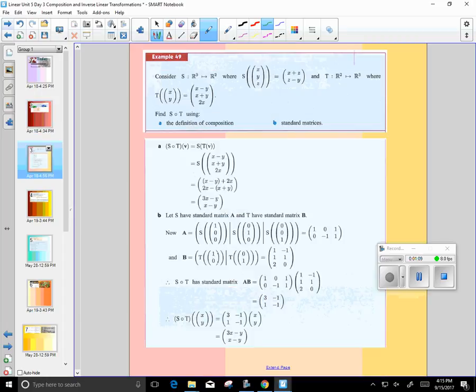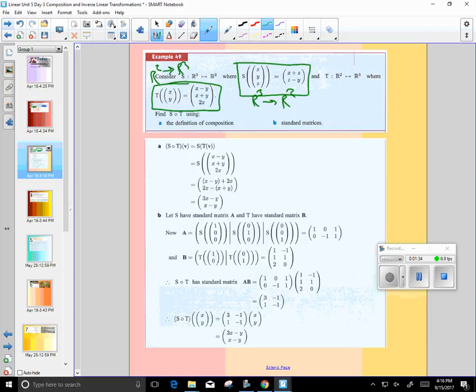So if we take an example of doing a composition of this S and this T, notice S is in the R3 dimension and T is R3 going to R2, and then this one's R2 going to R3.